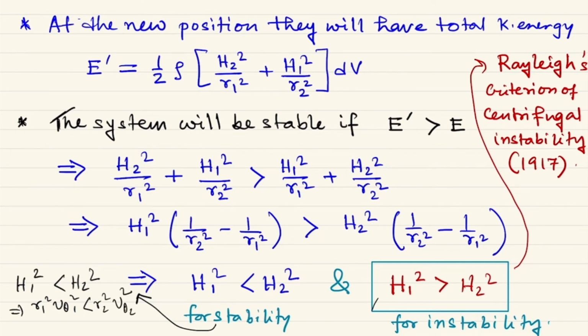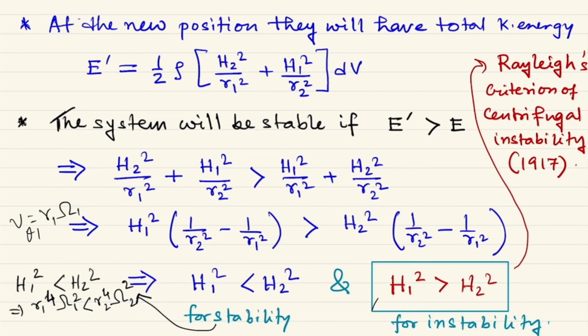Now what is v theta? v theta is nothing but r omega. So v theta 1 is r1 omega 1, and the condition becomes r1 to the power 4 omega 1 squared is less than r2 to the power 4 omega 2 squared.